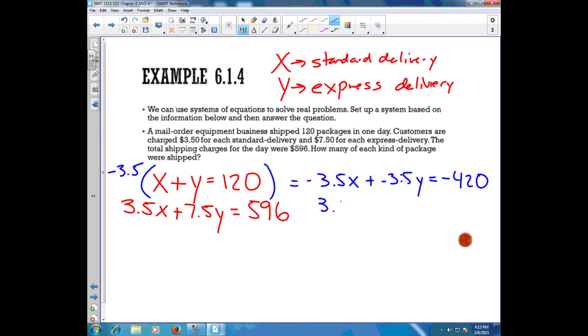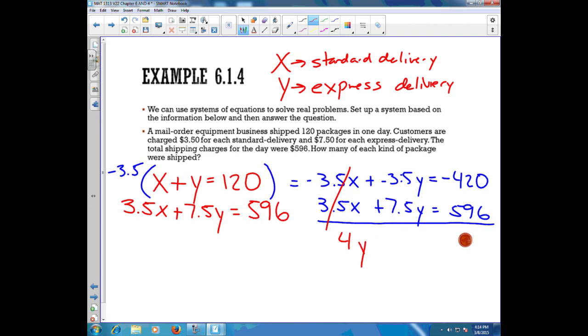On the bottom, we just rewrite the equation, 3.5x plus 7.5y is 596. And now we solve by elimination. When we add straight down, the x's cancel. Negative 3.5y plus 7.5y is just going to give you 4y equals negative 420 plus 596, which is 176.